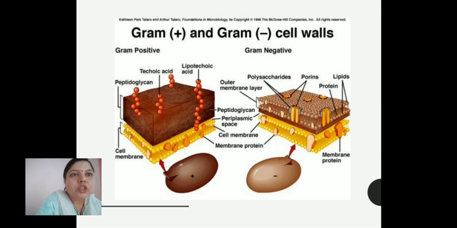Porins are specific proteins which facilitate the entry of water molecules into the cell. Then below the peptidoglycan layer, you can see the cell membrane. The cell membrane also contains certain proteins, intrinsic and integral proteins. That part we are going to learn when we study the structure of the cell membrane.